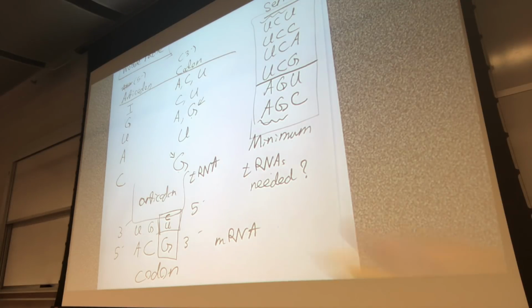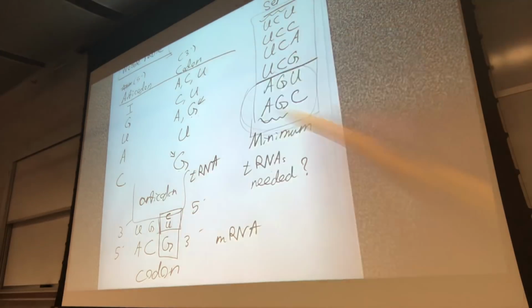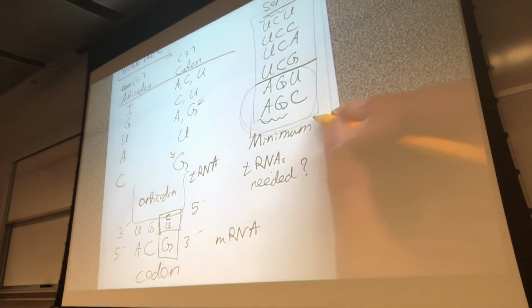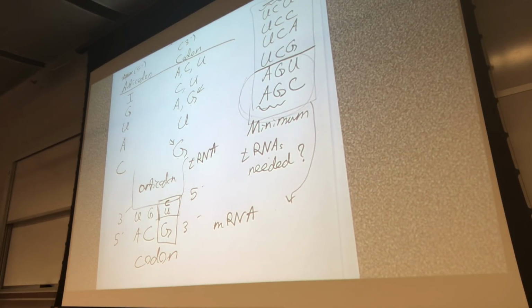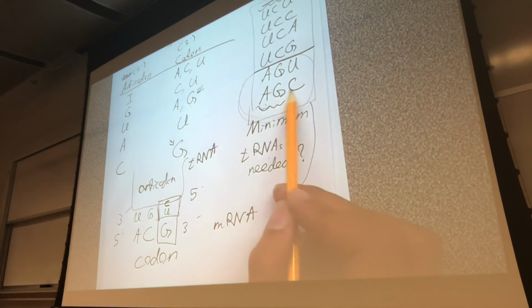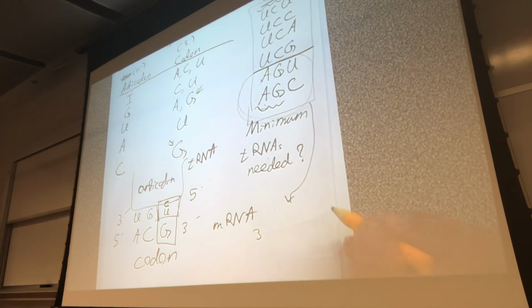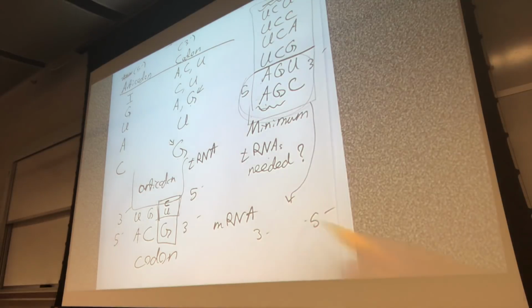So let's start with this group first. Let's figure out how many tRNAs we would need to take care of both of those codons. Well, I'm going to move this down here so we have some room. In an anticodon, we know because these first 2 bases are canonical, I'm going to draw from 3' to 5', because everything up here is 5' to 3'. What must go on this end of the anticodon? A U, right?